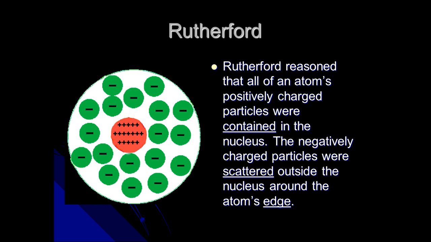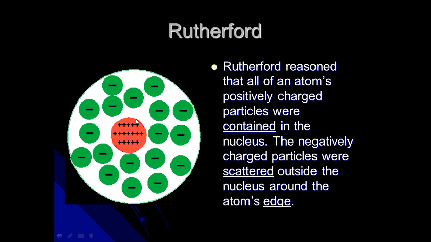Short little clips. Okay, so from all of this, Rutherford reasoned that all of an atom's positively charged particles had to be contained in a nucleus, not in a sea of pudding, and that the negatively charged particles were scattered outside the nucleus around the atom's edge.